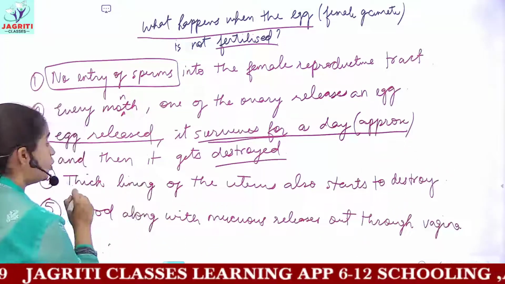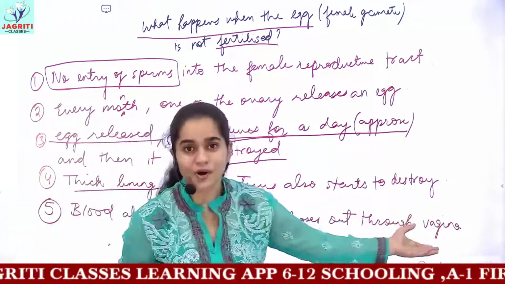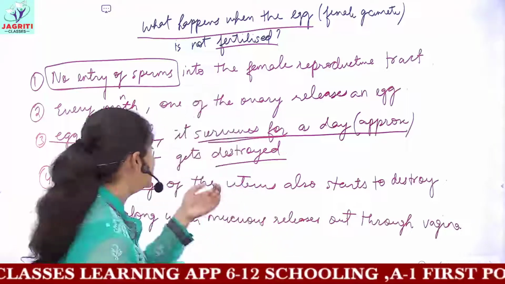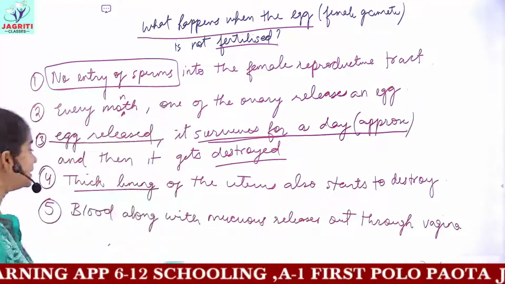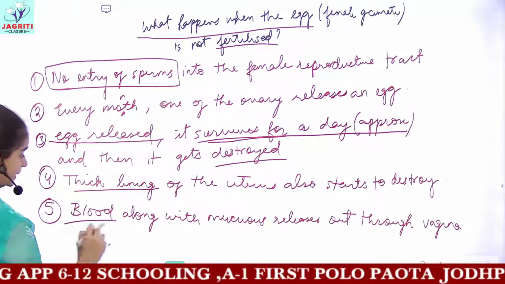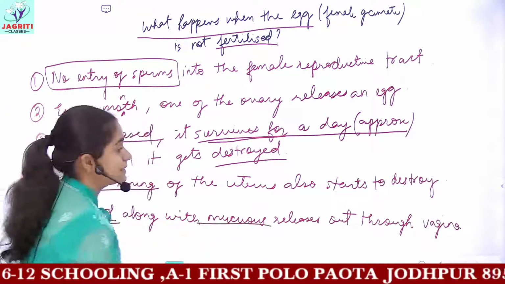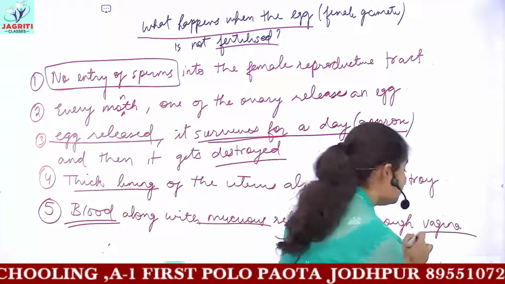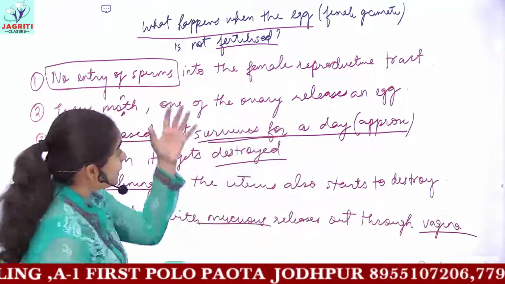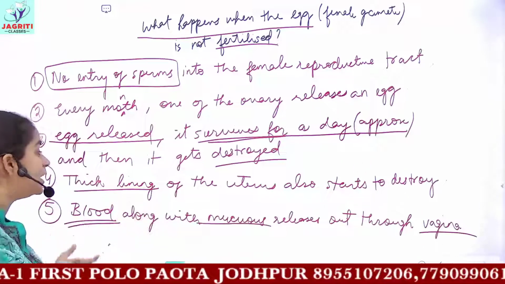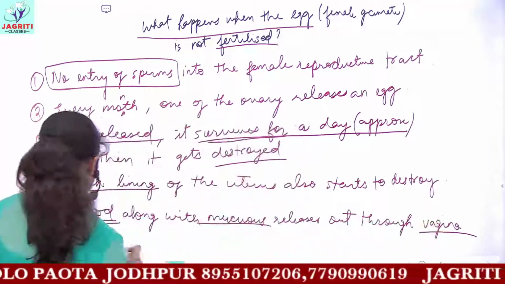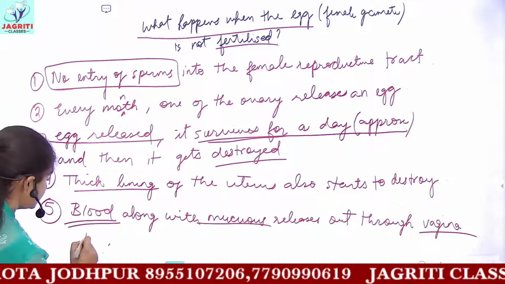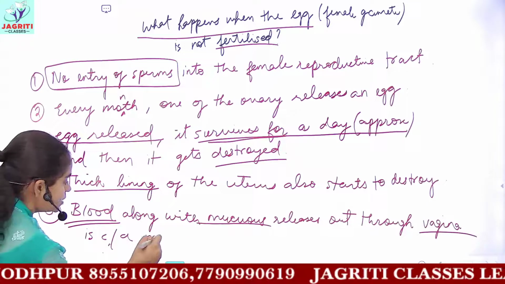The thick lining also tends to destroy or disrupt. And because this thick lining has many blood vessels, when it destroys, the blood along with the mucus is released out through the vagina of females. And this process, that is the flow of blood along with the mucus through the vagina in females, is called menstruation.